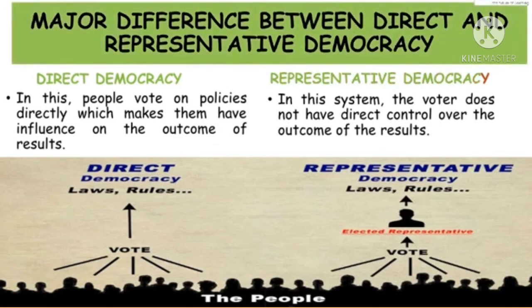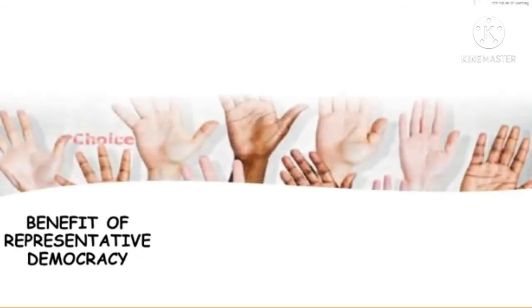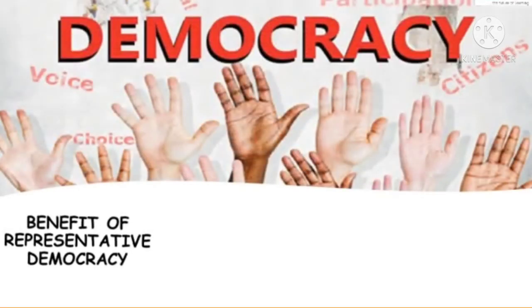But in representative democracy, the voters do not have direct control over the outcome. So you can see the difference. In direct democracy, the people influence the outcome of the decision making.